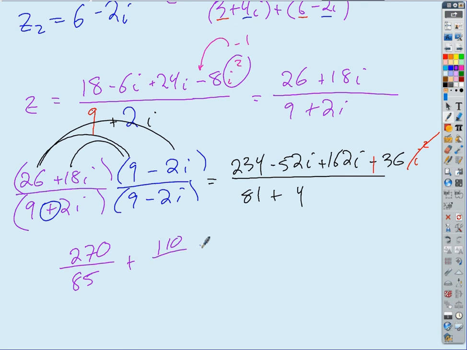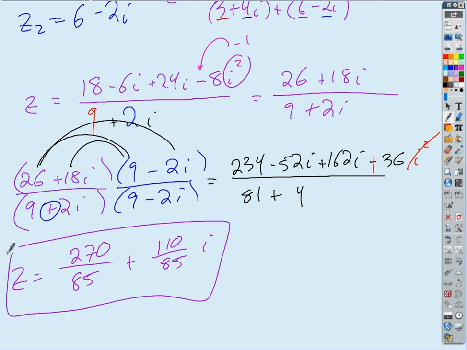Plus 110i divided by 85. And so there's our final answer, but we could probably reduce those. I could divide top and bottom by 5 and make things a little simpler. Agreed? So we didn't simplify the fractions, but that's our complex impedance for that parallel circuit. Okay? We good? All right.